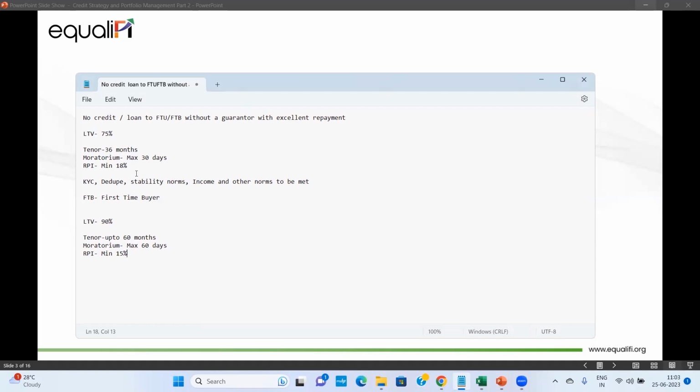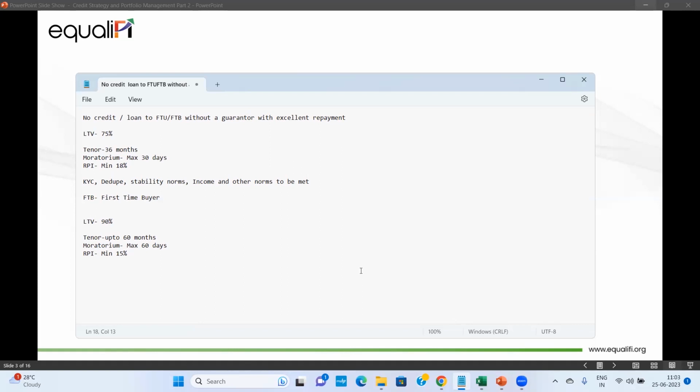So when I say a maximum moratorium, you understand moratorium, right? Anybody who doesn't understand what is moratorium? Okay, so I assume everybody understands.